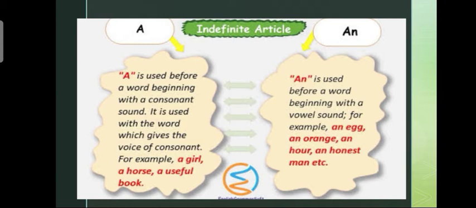Letter H is silent and the sound of letter O is coming when we pronounce the word. An honest man. Similarly, in this word, honest, H is silent and the sound of vowel word is coming. So be very sure about the sound and then make use of indefinite articles.